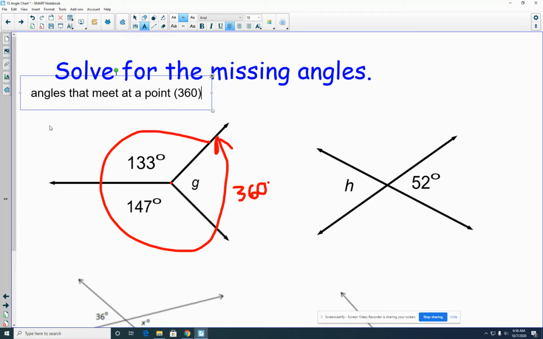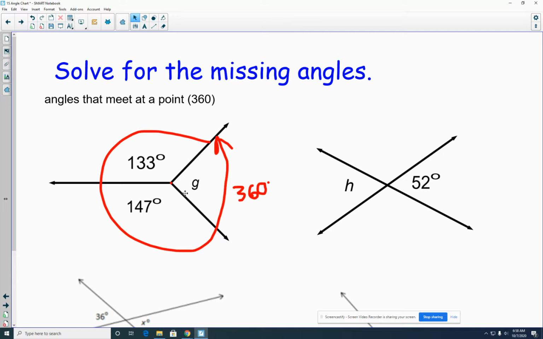That means now I can write an equation. My equation would be that all three of these angles have to add to 360. So I start by saying 133 plus 147 plus G equals 360.